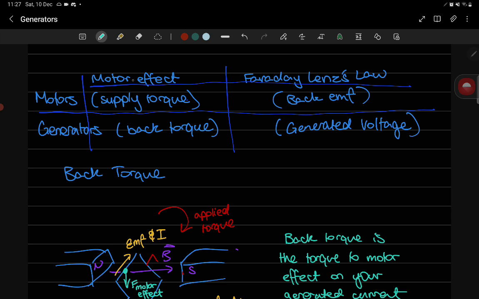So in motors, motor effect will be a supply torque and will help the motor along, and the Faraday Lenz's law will produce a back EMF that sort of opposes the supply EMF. And then in generators, the Faraday Lenz's law will produce the voltage we want, and then the back torque will act against us, right, due to the motor effect.